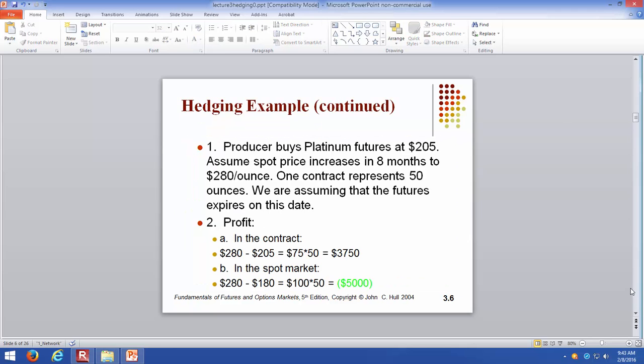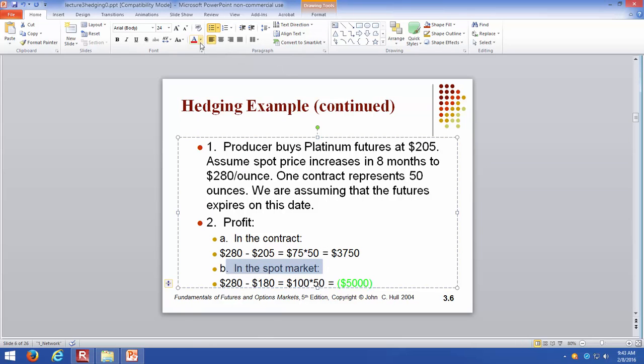Now, the reason why I split that up into two parts and show the profit, loss, and so on is because in later examples, we will assume that things are not perfect, unlike what we assume here. So basically, what we want to do is look at two markets. One is the spot market, and the other is the futures market. So we want to split up to see what happens in each of these markets.